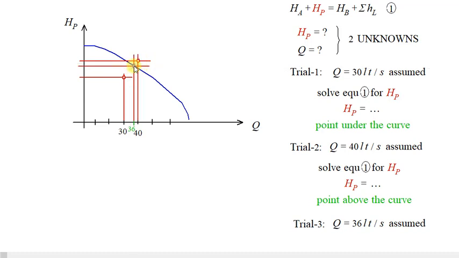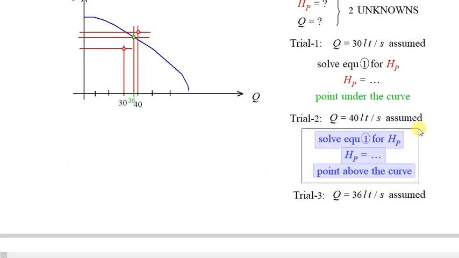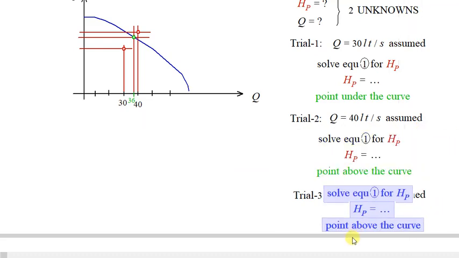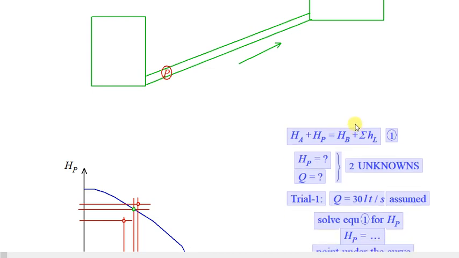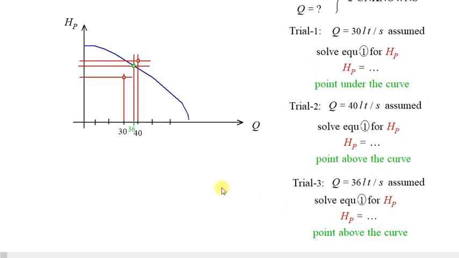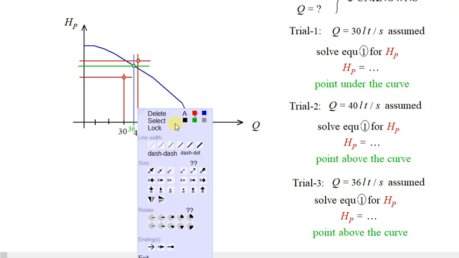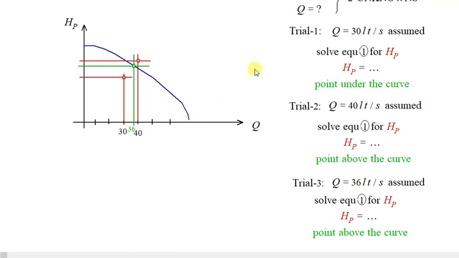Now the point is on the curve, and that is the point we are looking for. Okay, after we solve for HP, so this is how we solve it. That is the point. In trial 3 I assumed and then solved it for HP. Now HP is touching the curve, so all this I can make it green.